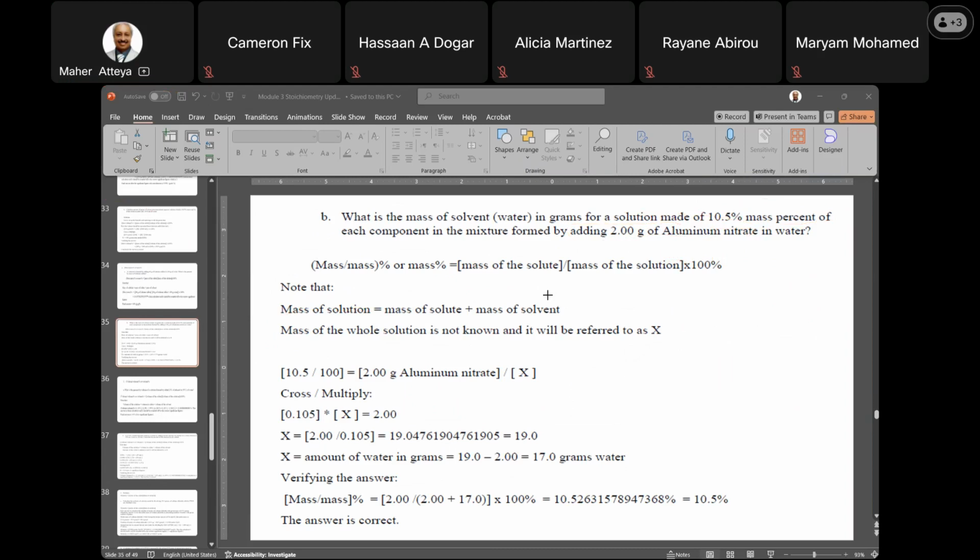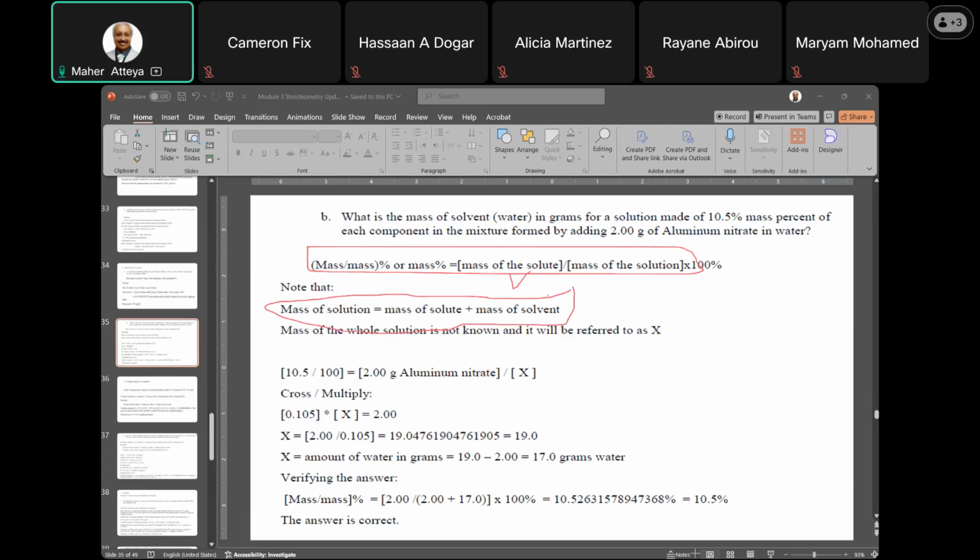Mass percentage, mass to mass, is the mass of the solute divided by the mass of the solution. The mass of the solution is defined as the mass of the solute plus the mass of the solvent.